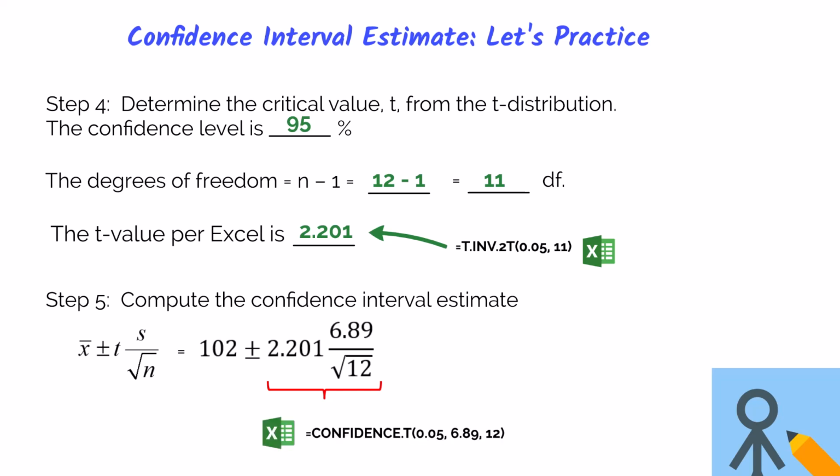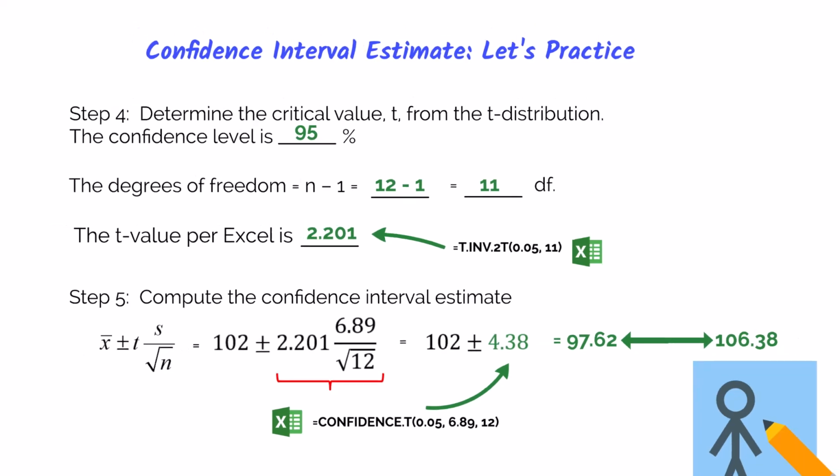I'll go ahead and show you again using Excel. So we input equals CONFIDENCE.T with an alpha of 0.05, 6.89 for the sample standard deviation, and 12 for the sample size, and we get 4.38. To wrap it up, the confidence interval for this sample of 12 numbers is between 97.62 and 106.38.